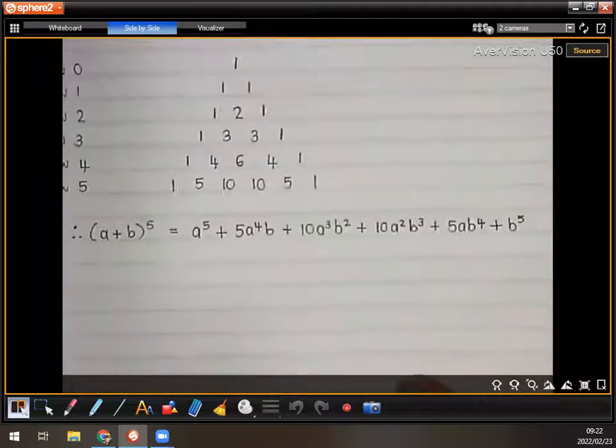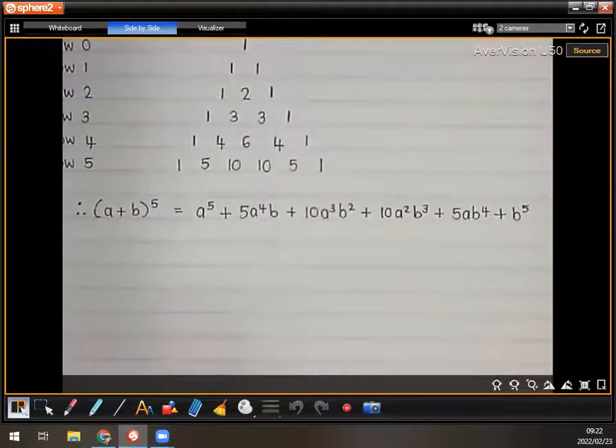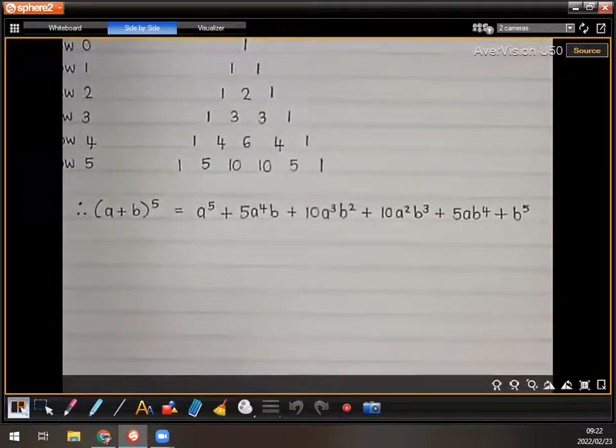But yeah, that could be a very open-ended exam question. I suppose, find 2 different patterns in this triangle. I'm not saying I will ask you that, but that could maybe come up in Olympiads. Have you seen Pascal's triangle in an Olympiad question before? So maybe it will come up there. It's quite an interesting thing. But yeah, this is how the triangle links to binomial expansion.